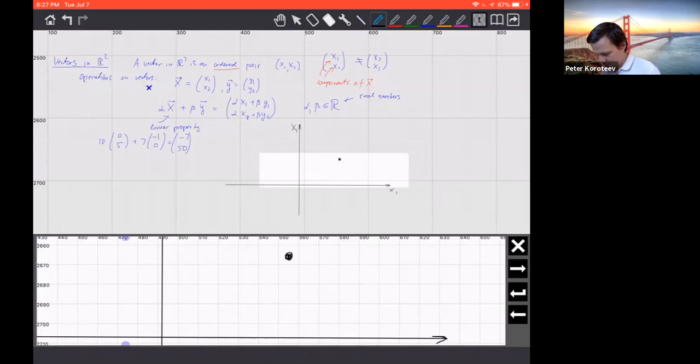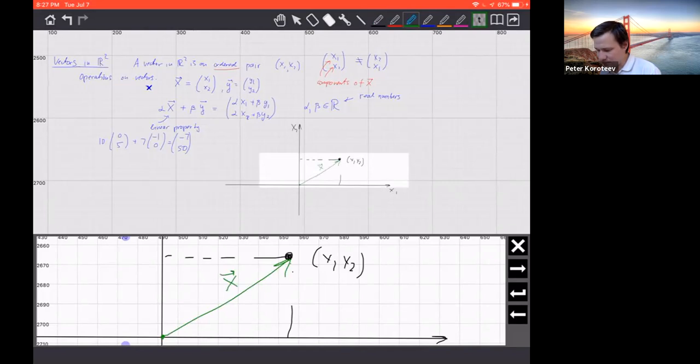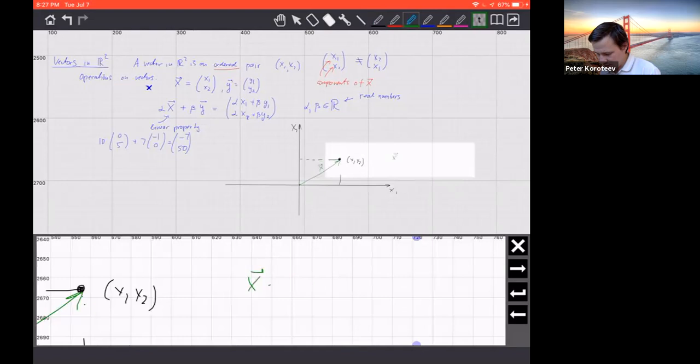So it's a point over here, and the vector that goes from the origin to that point, this vector x, will have x1 and x2 as its components. So here, vector x looks like (x1, x2).